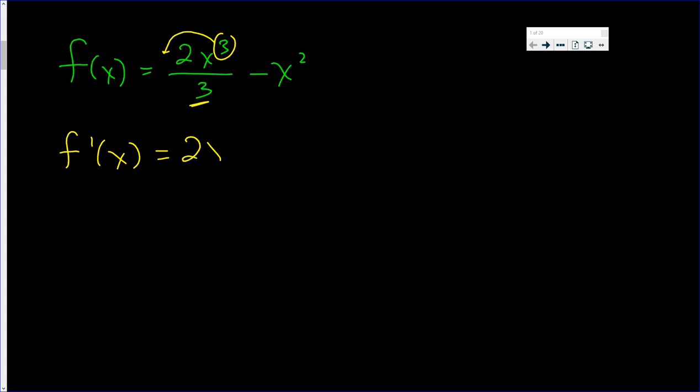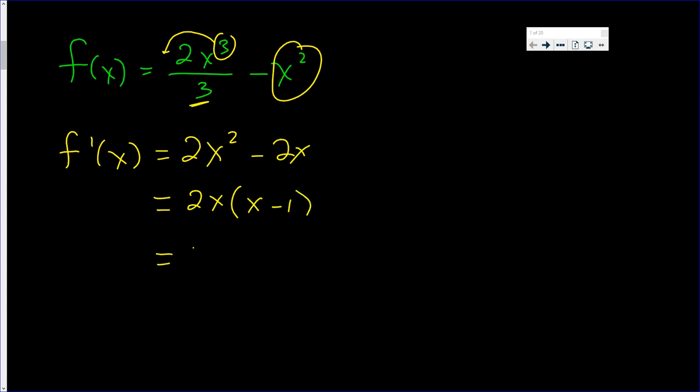So you'll have 2x squared minus the derivative of x squared, which is 2x. We will factor out our 2x, and we get x minus 1. Now this equals 0 when 2 is 0, when x is 0, or when x minus 1 is 0. Well, 2 is never 0. If x is negative 2, what does 2 equal? It equals 2.